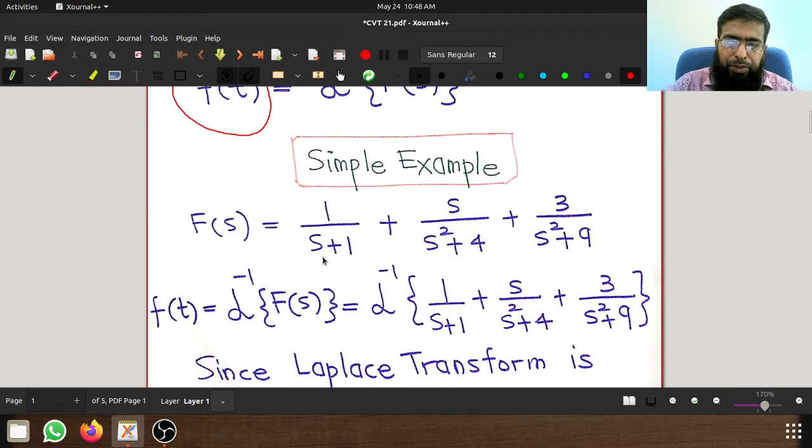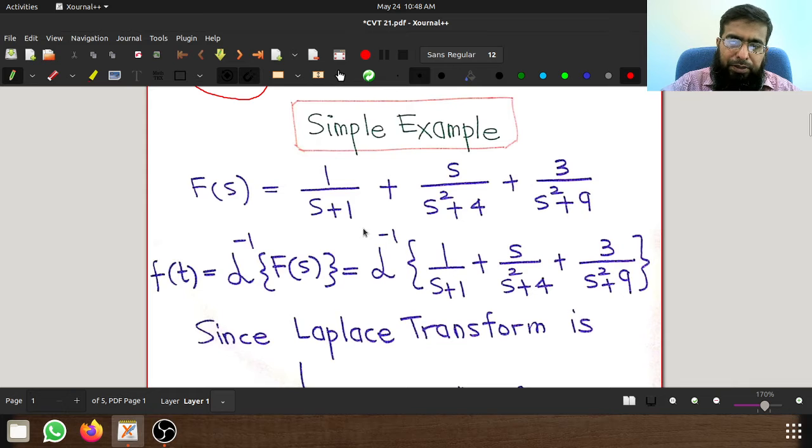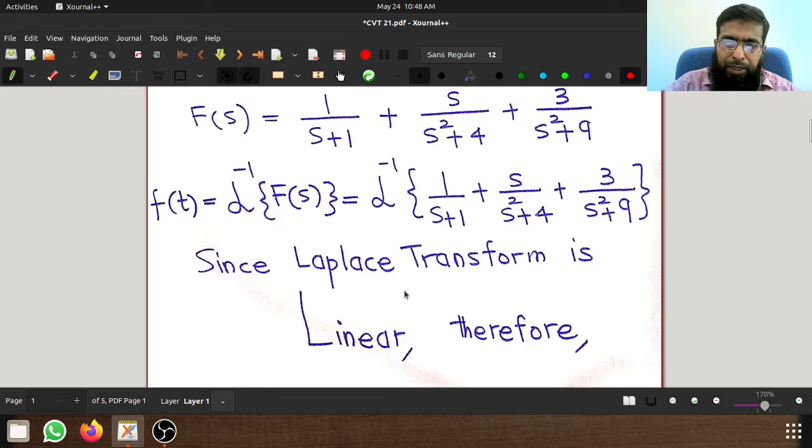fractions: 1 over s plus 1, plus s over s squared plus 4, plus 3 over s squared plus 9. We know that the Laplace transform is a linear operator. If the Laplace transform is linear, its inverse is also linear.